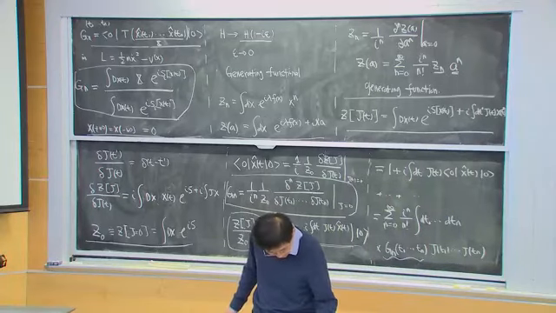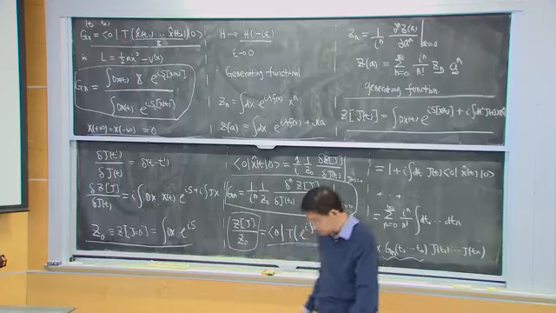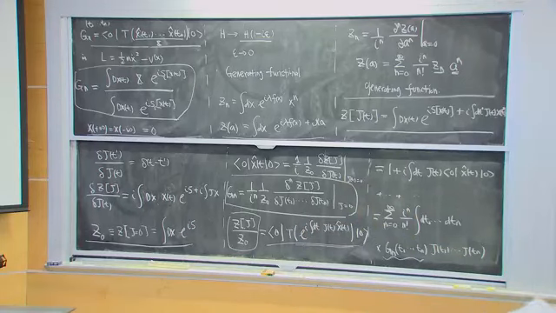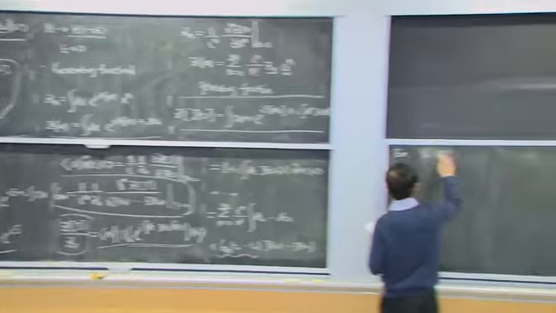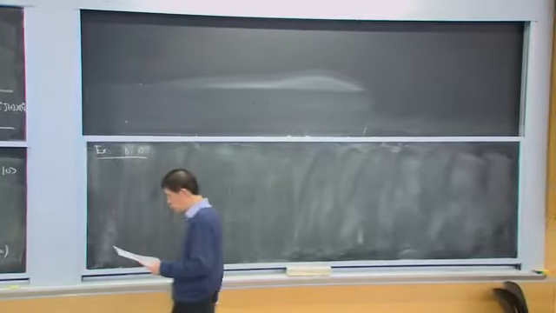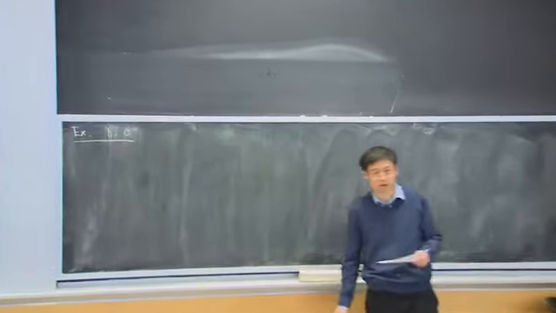So now let's look at an explicit example to illustrate how this works. Let's consider a simple example: a harmonic oscillator. Almost always a harmonic oscillator is a good example.